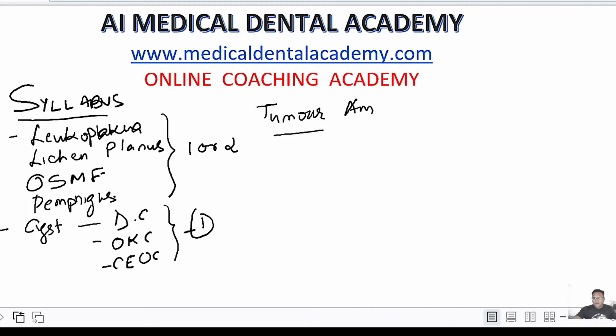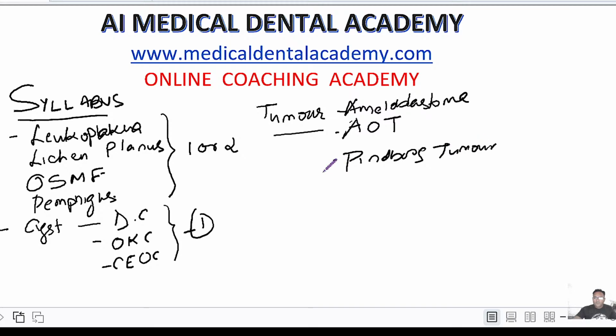In this, ameloblastoma, then adenomatoid odontogenic tumor, Warthin's tumor. These are the few important tumors which will be asked.